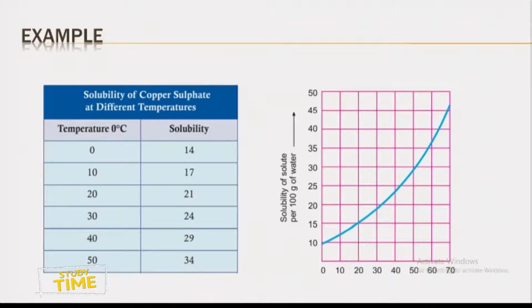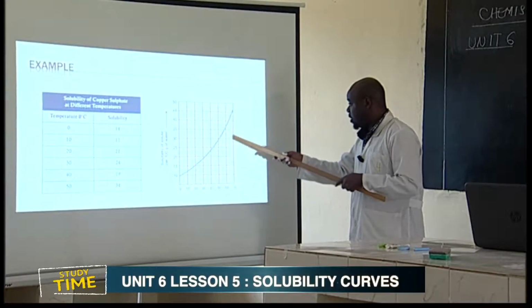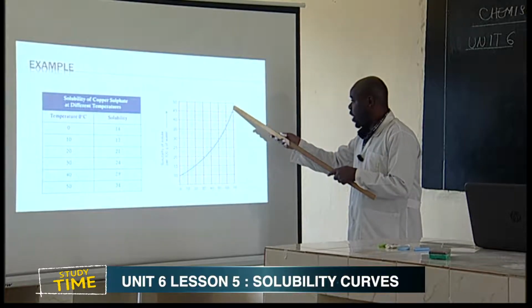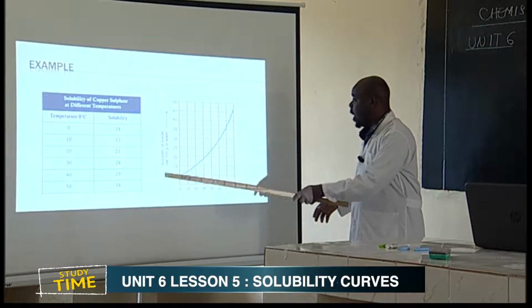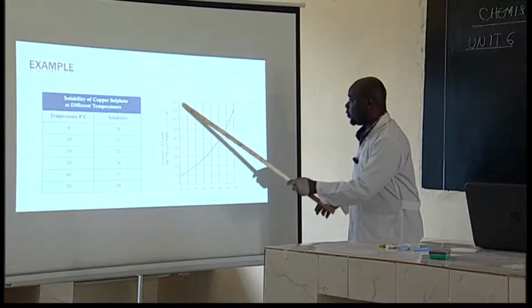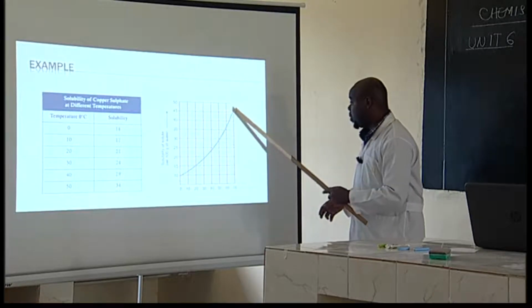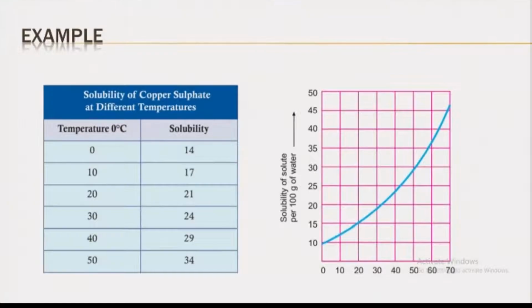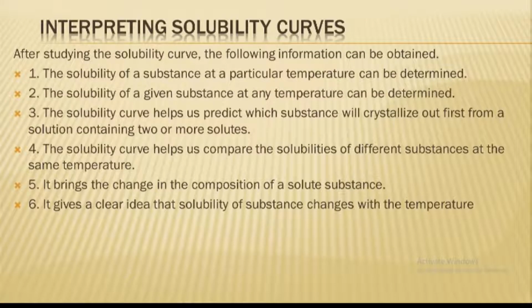Clear? If you consider this 70, as it increases, you go higher in the values of y, then you get what? You can get the value of y, corresponding to this temperature of 70. So from the solubility curves, we can determine the solubility of a substance at a particular temperature.